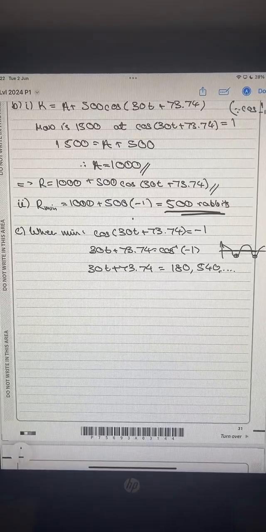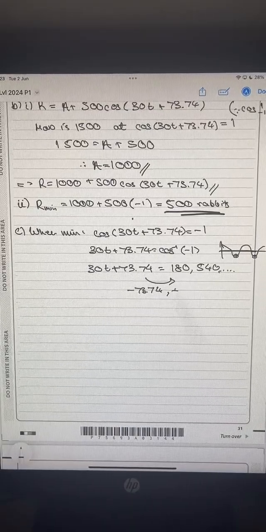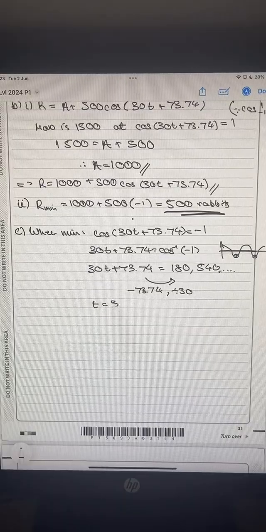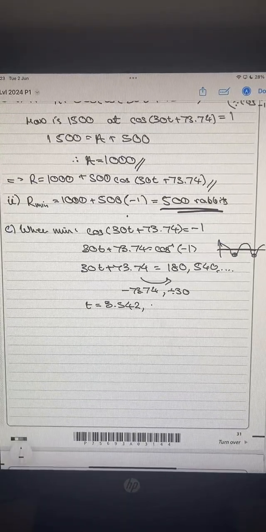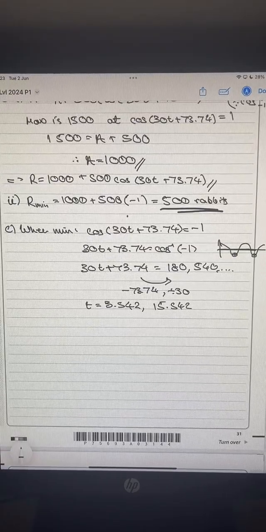But we want to verify that it's in the middle of April first. So we're going to solve for t. I'm going to subtract 73.74, and then divide by 30 to find what t is in one step. So t is going to be equal to 3.542 for 180, or it's going to be equal to 15.542 for 540.